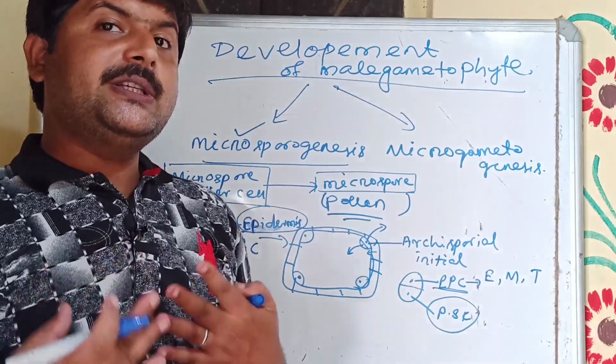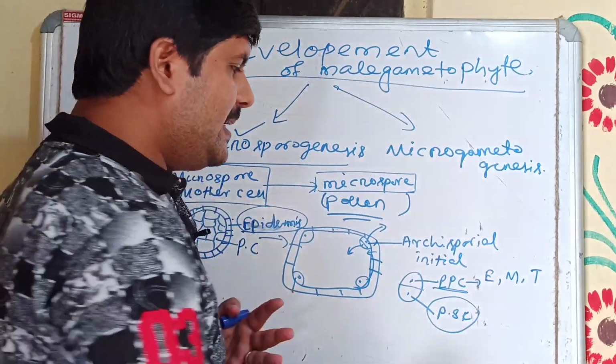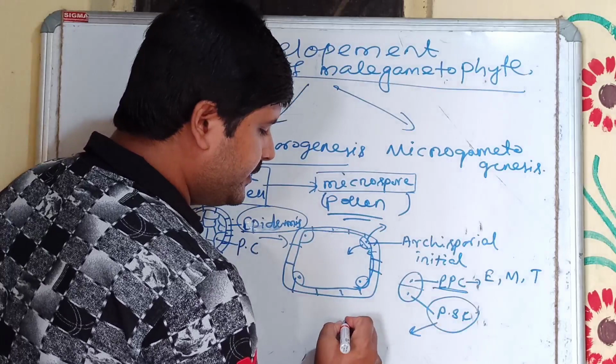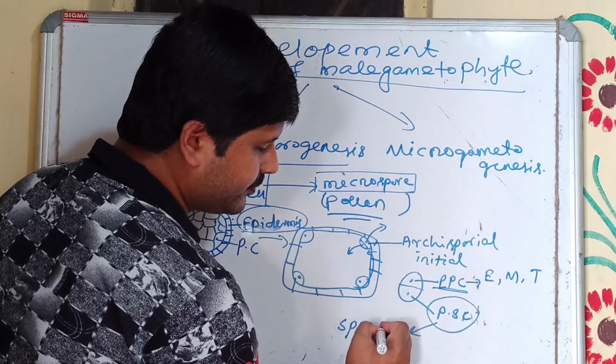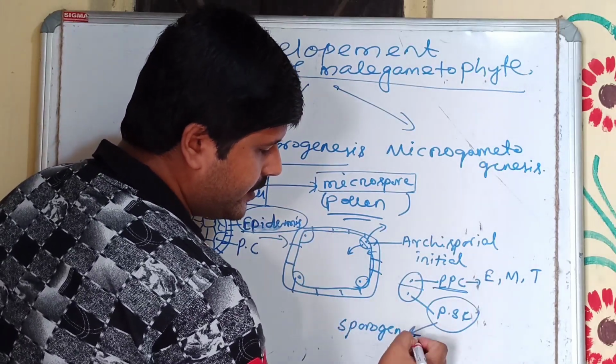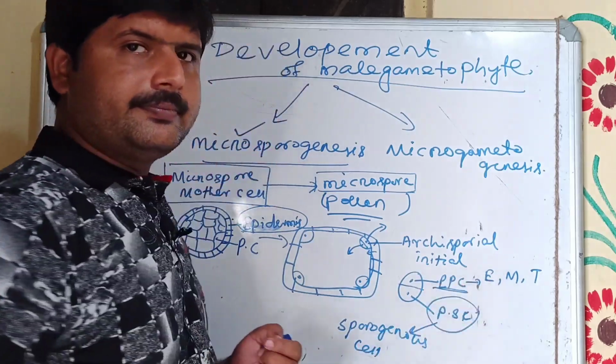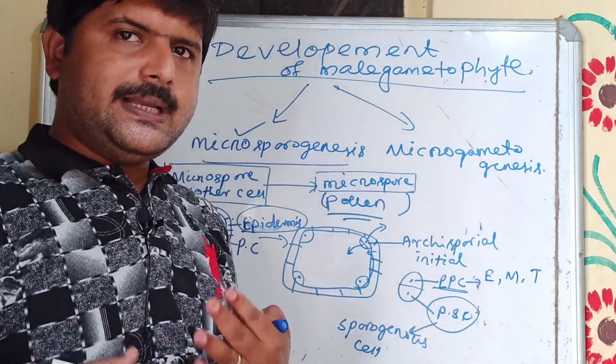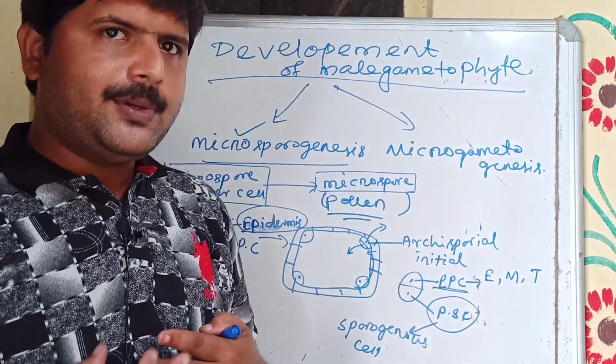This primary sporogenous cell divides to produce a large mass of sporogenous cells. What happens after that?